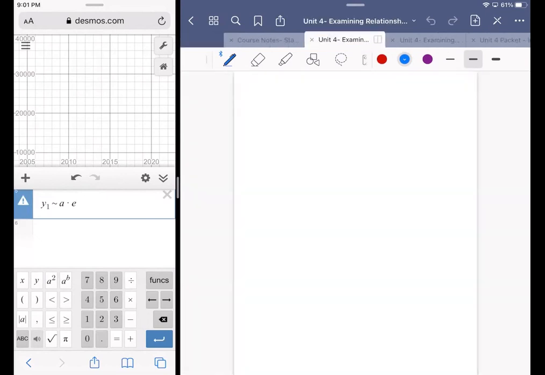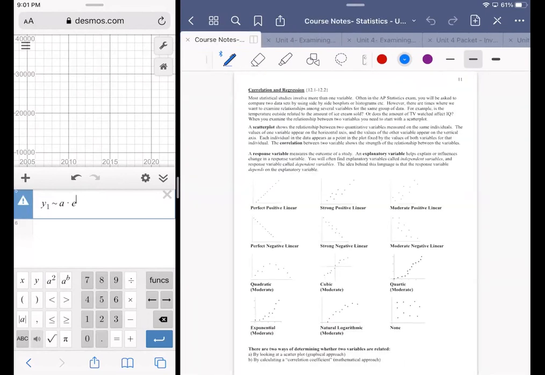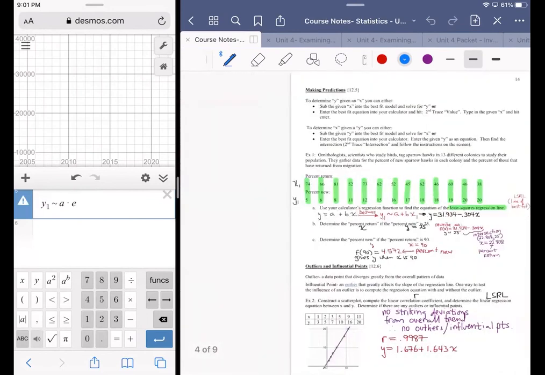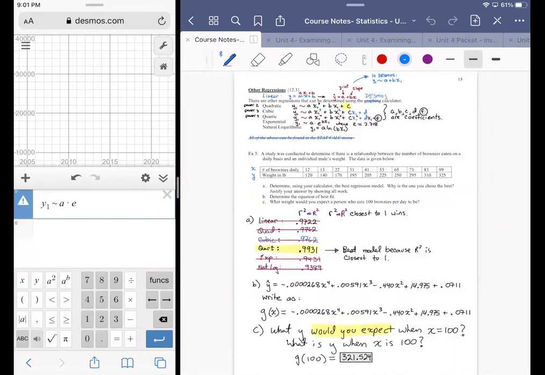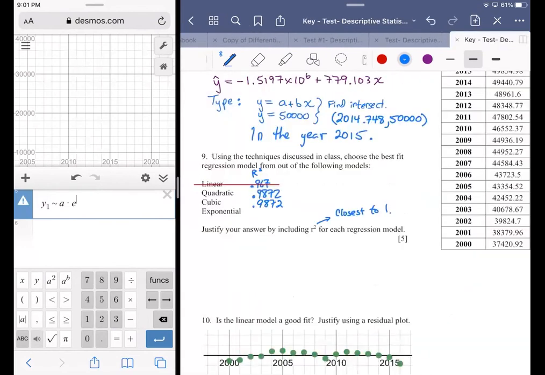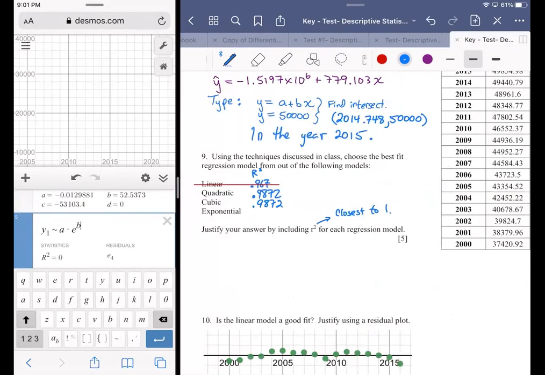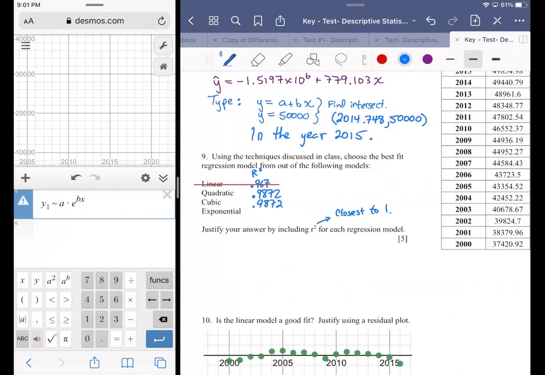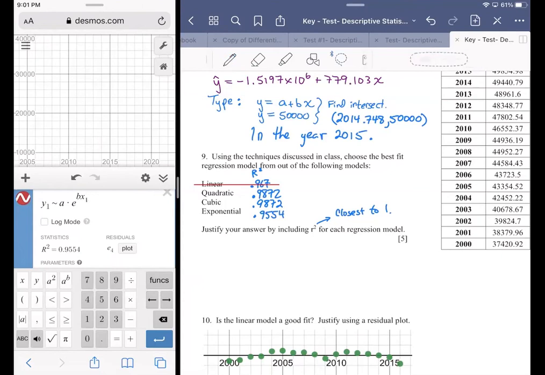I just want to make sure, because I do it differently in each class, which method I decided to use in this one. Yeah, okay, so the EBX one. I use common logs in another class, and I'm getting old enough now that I'm getting my classes confused with one another. All right, so we're using the base E in this one. So 0.9554. Either way, it ended up not making a difference because that wasn't going to be the winner anyhow.